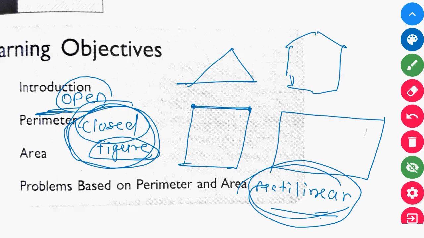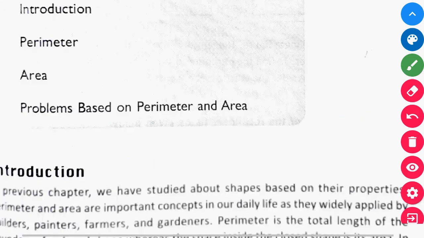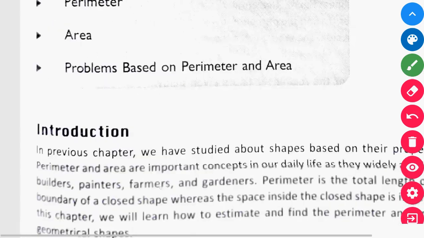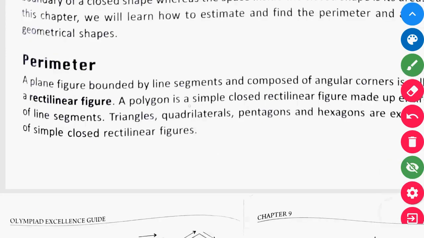Okay. Now we'll go through the topic. So perimeter, a plane figure or a closed figure bounded by line segments and composed of angular corners is known as a rectilinear figure. I had shown you. Polygon, we went through this terminology in the last chapter.